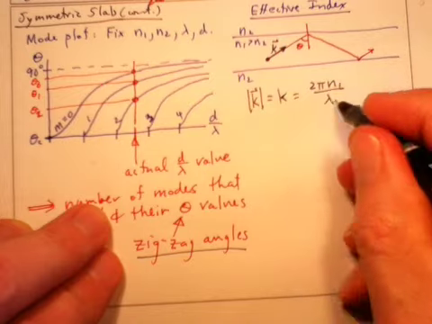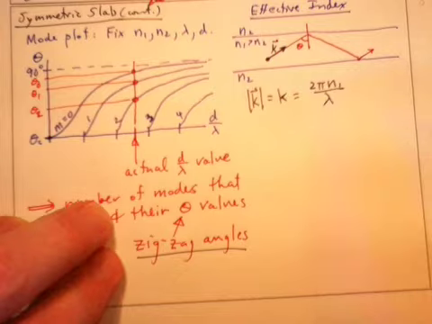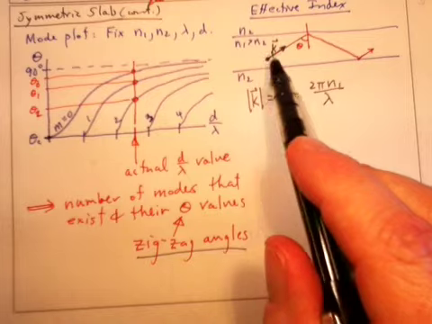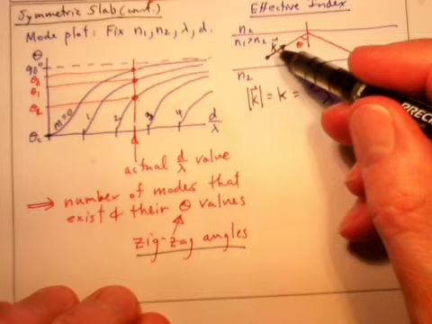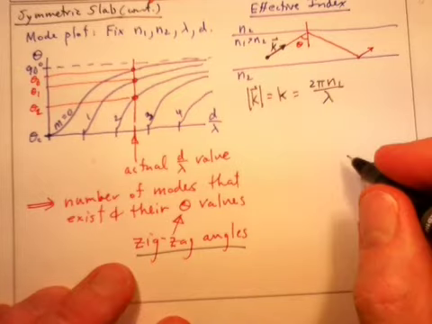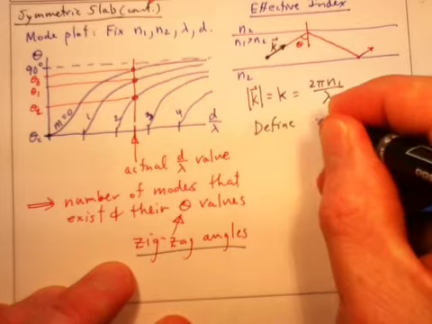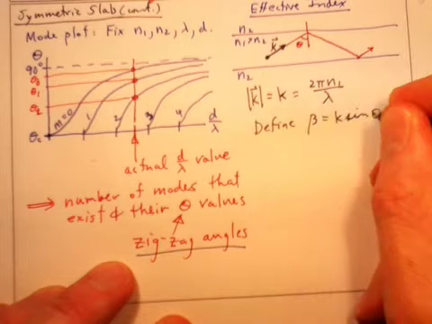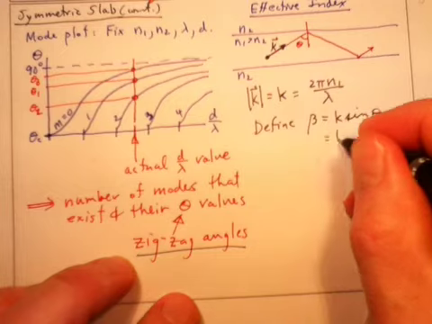And the direction of k is in the direction of propagation of that zigzag ray. What I'm going to do is define beta, which is k sine theta. This is called the longitudinal wave number.